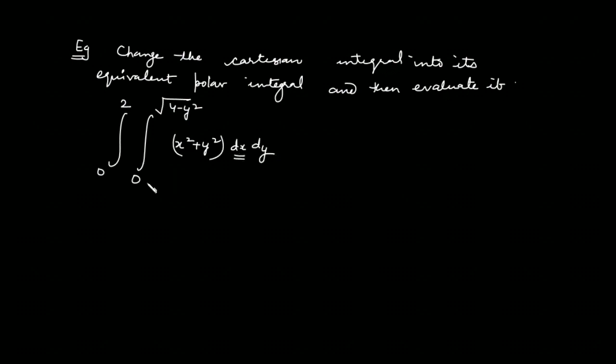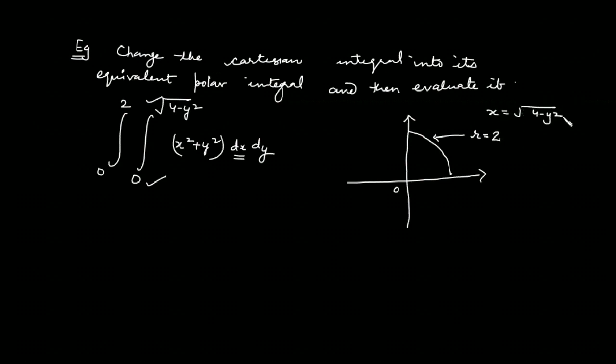Here the limits for x is x going from 0 to this. So this is a circle with radius 2. Our x is varying from 0, here x is 0, to this circle portion. So this is r is equal to 2, because your x is square root of 4 minus y square. Squaring both sides, x square plus y square is equal to 4.